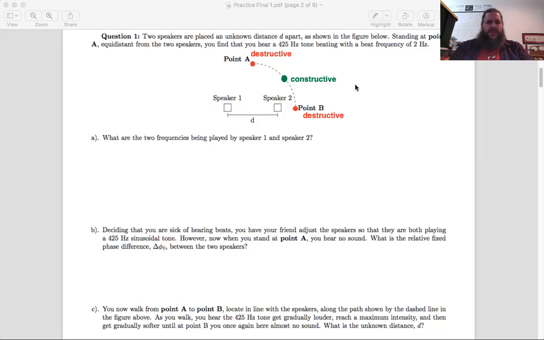And what else do we know about this, or what are we trying to find? We're trying to find the unknown distance d. And we'll probably want to take a look at the total phase for both point A and point B. So let me pull up the total phase equation.